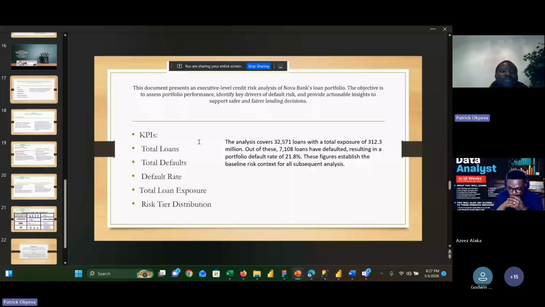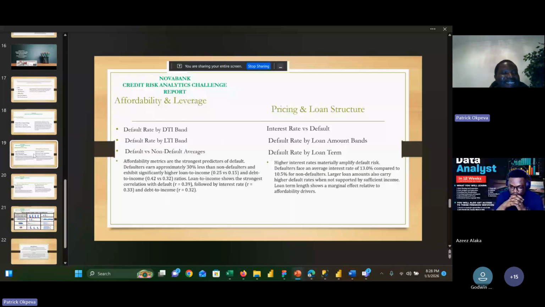For example, the past default indicator is a very big signal for every financial institution to pay attention to before issuing a loan. Age as well and income level, because it is very difficult for a financial institution to issue a loan to someone that has no income. And when you look at these details, because of time, I can't take all of them one after the other.